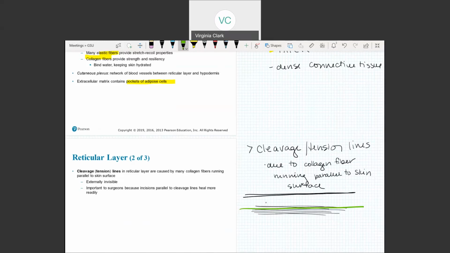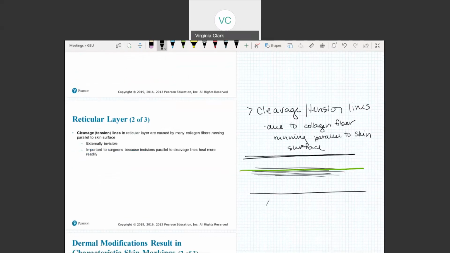Whereas if you were a surgeon and you were to cut in a pattern where here is our skin, here's our top layer, and you didn't have your collagen fibers running parallel, but you had them running in all different directions underneath your skin, there is not a very clean way to cut through that without causing a lot of damage.